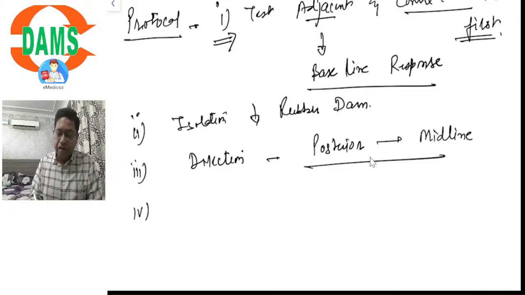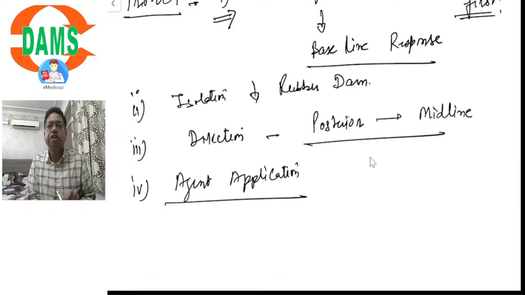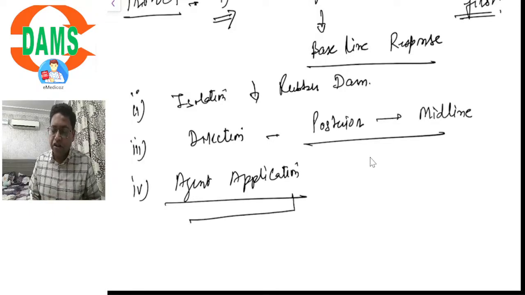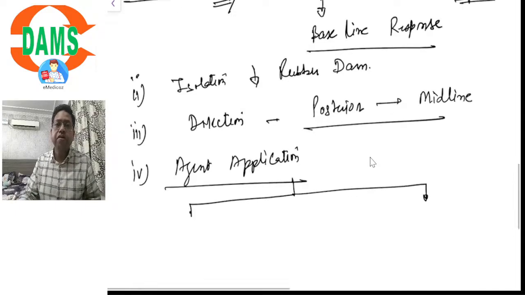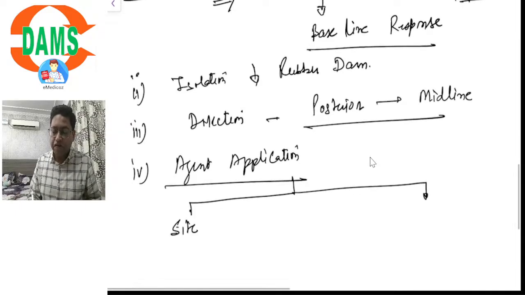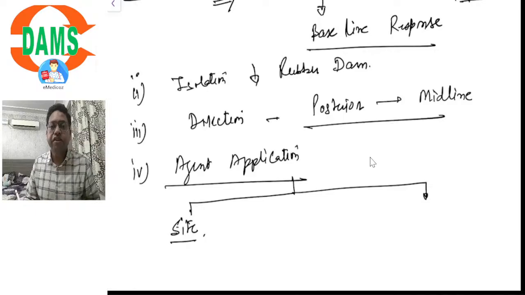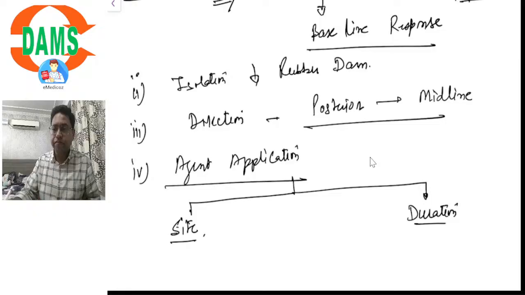Then the fourth step would be the agent application. Means whatever cold testing agent we are using, we have to apply that. Regarding the agent application, two things we have to remember: what would be the site of application of the testing agent and what would be the duration of application.